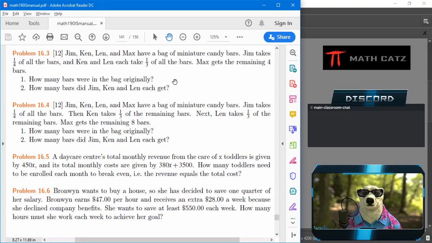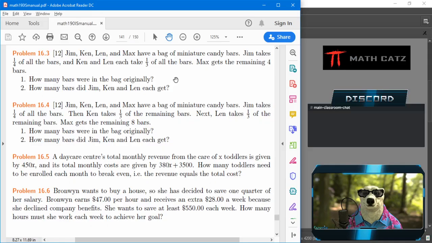Now, what are the two favorite things in elementary school or middle school? They are word problems and fractions. So the best time is when I have word problems involving fractions.